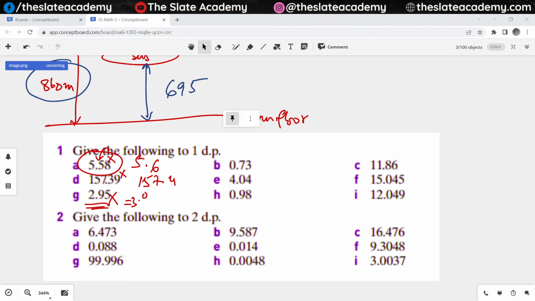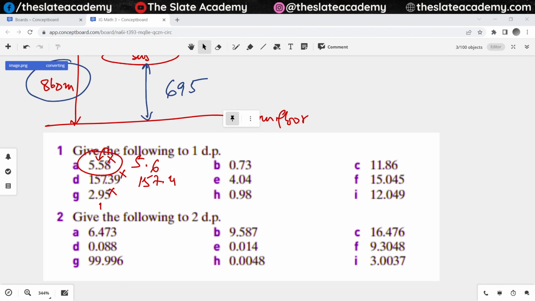You look confused, so let me explain again. You have 2.95, and you have to get rid of this 5. Since it's 5 or more, 1 gets added to the number behind it.